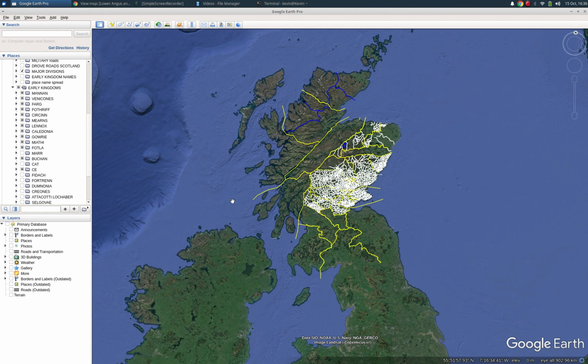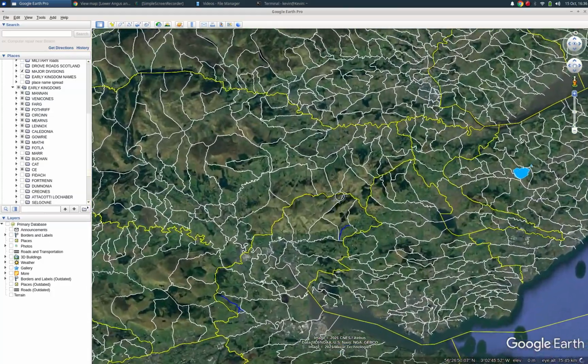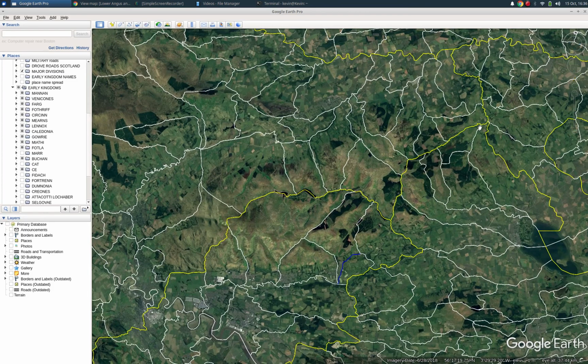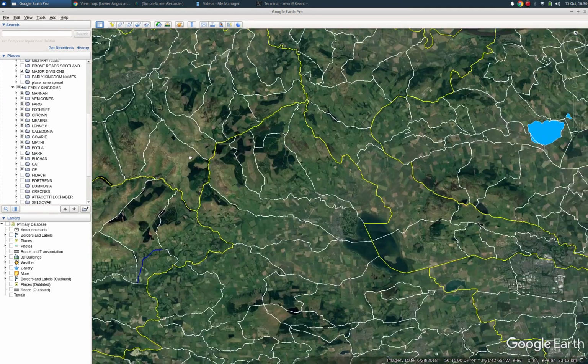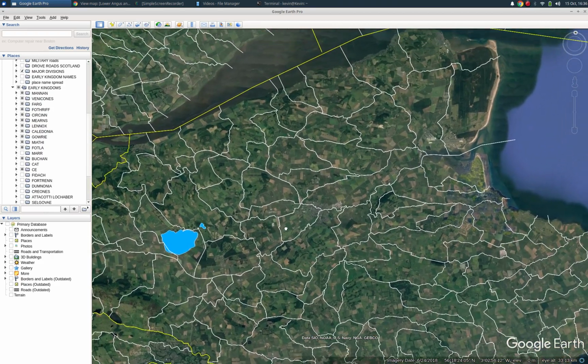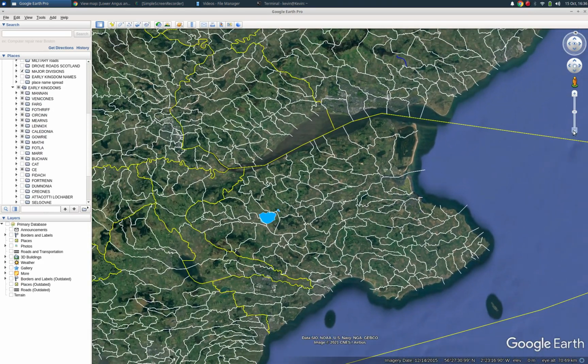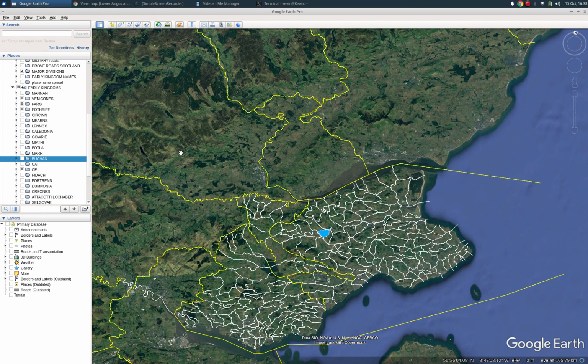This represents perhaps the largest work that's been carried out so far on this map, and they are very, very useful. I've turned off an awful lot of the streams that were on there before.